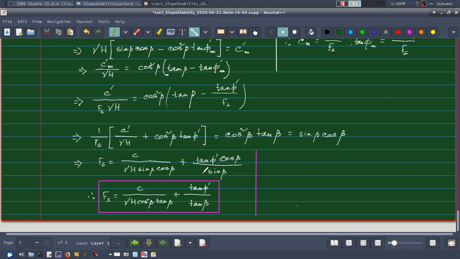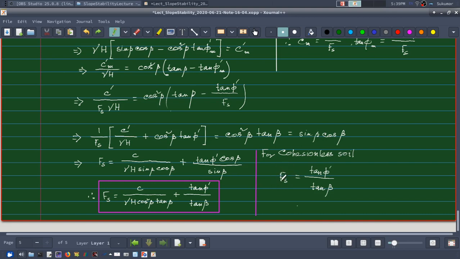For cohesionless soil, Fs will be simply equal to tan phi by tan beta, and therefore beta must be less than phi for a safe slope.